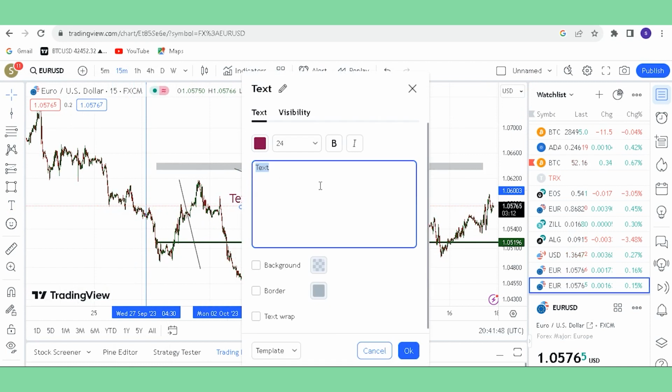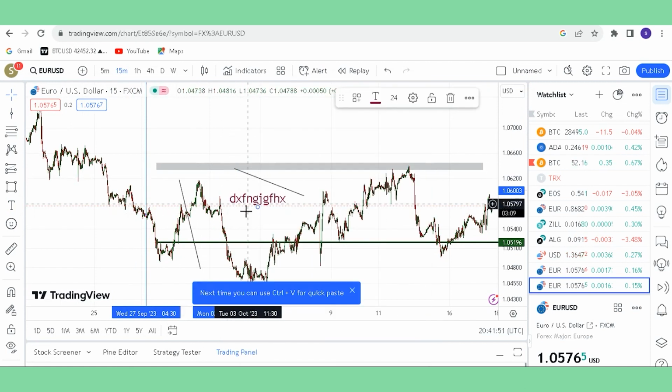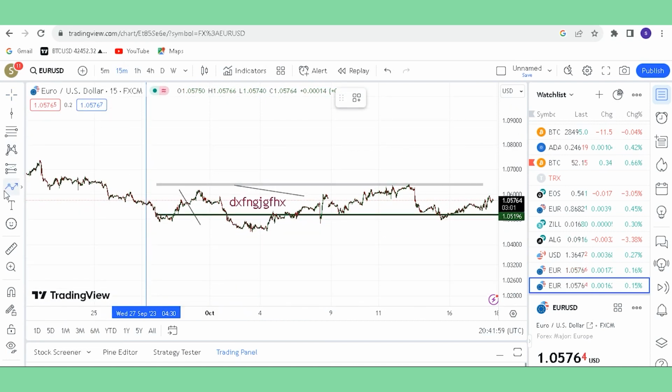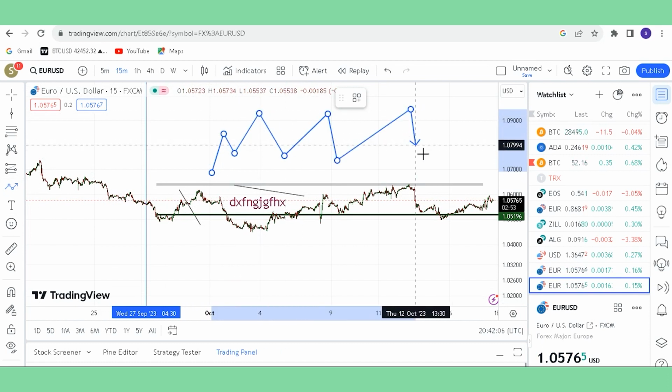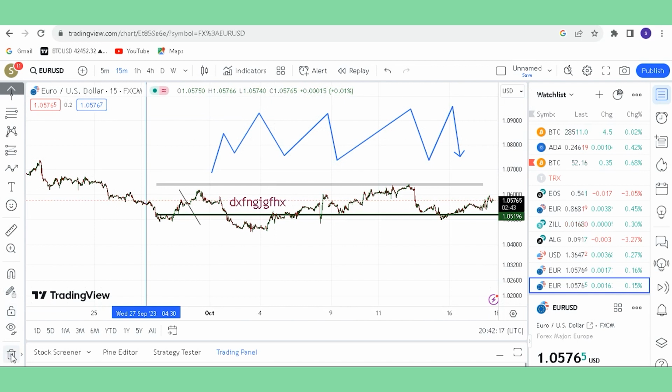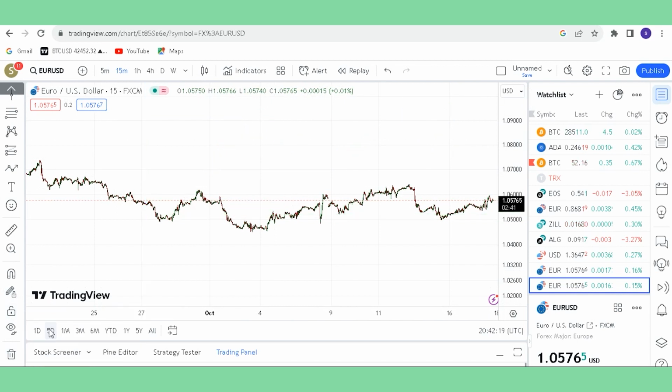Here you write your text, for example, something, and it will be added here. You can also draw a pathway, click on anything and remove it, or you can remove all of them by clicking here.